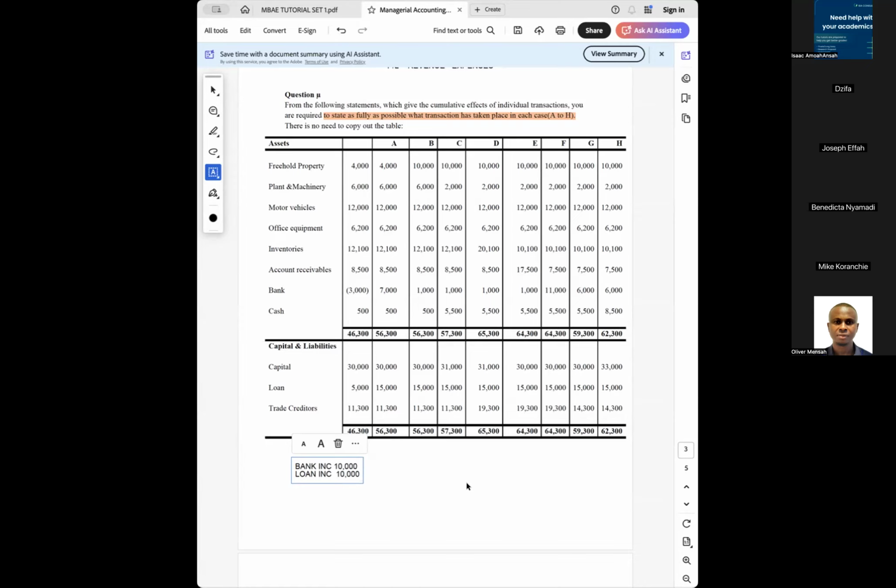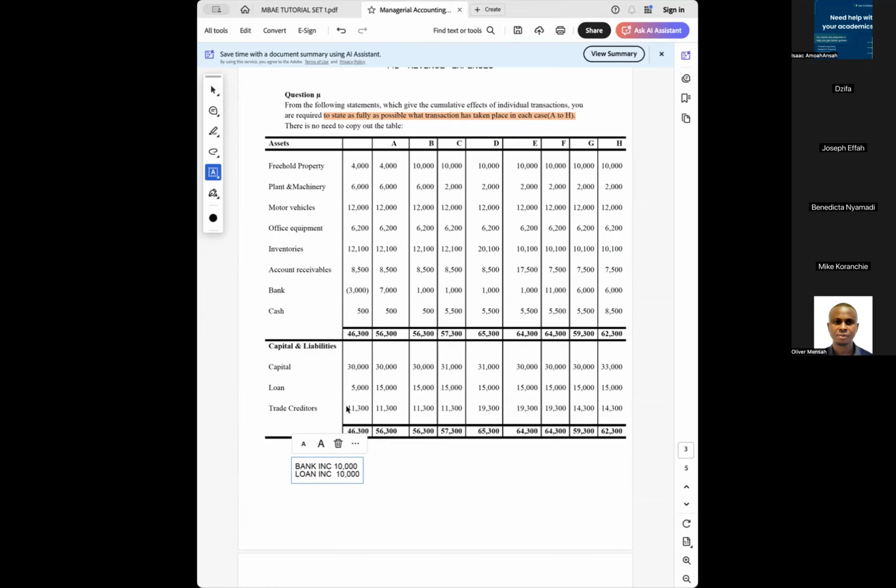We had a deficit on our bank account. Remember that when we are keeping a current account, usually the bank allows us to make a withdrawal beyond our balance, right? That is what they refer to as overdraft. So here it could indicate that we had done an overdraft, so we were owing the bank 3,000.